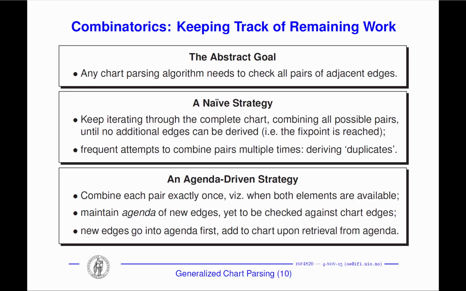For example, we could make the agenda a priority queue and try to operate on high probability edges early. So active edges plus agenda are the two additions to the CKY algorithm that give us generalized chart parsing. Quite an influential paradigm in natural language parsing, not so much in parsing of formal languages where there is no ambiguity.